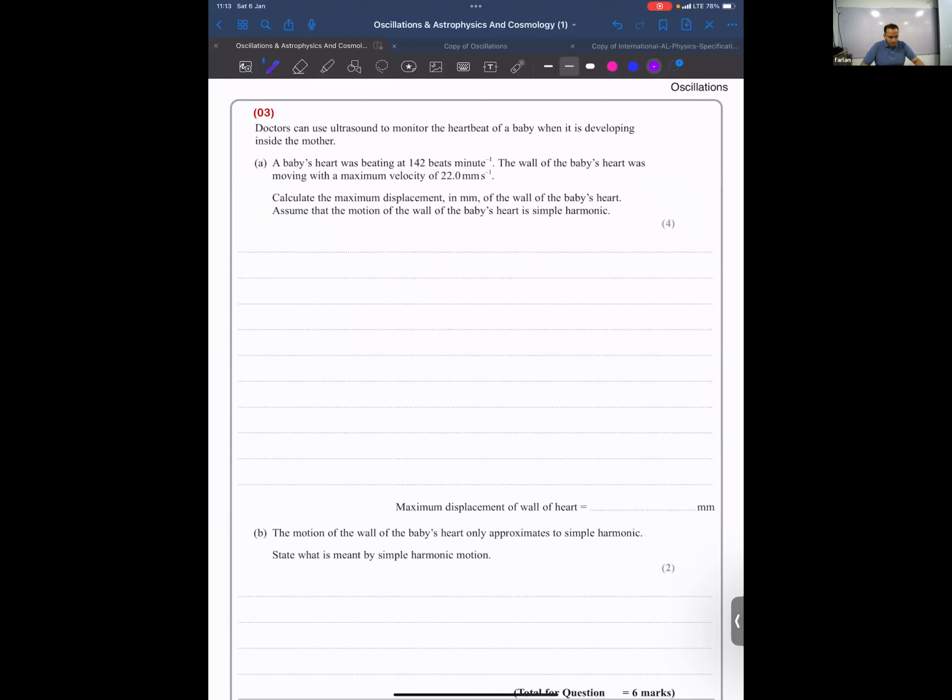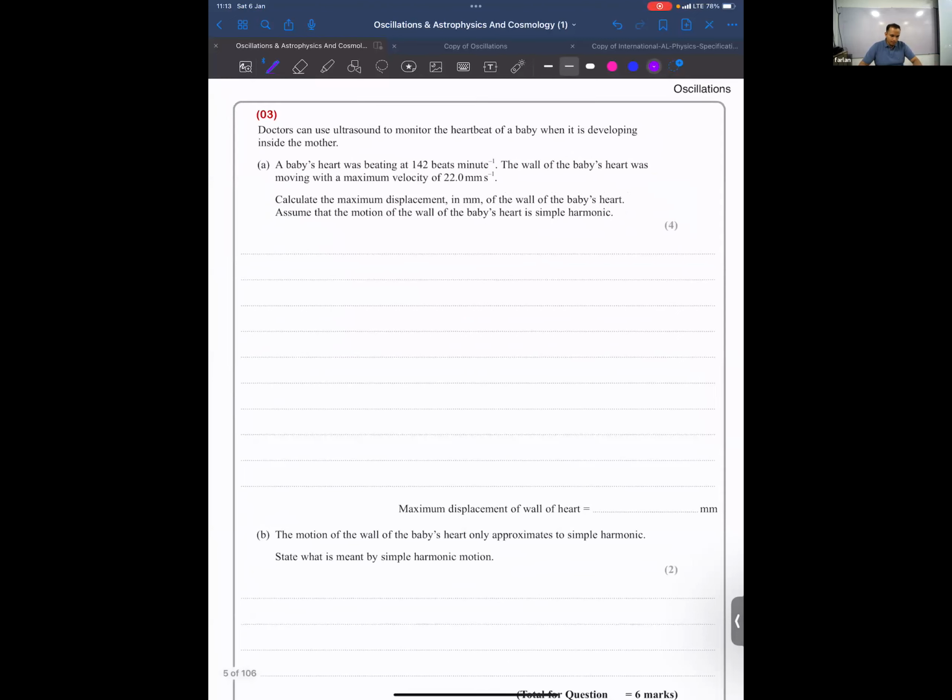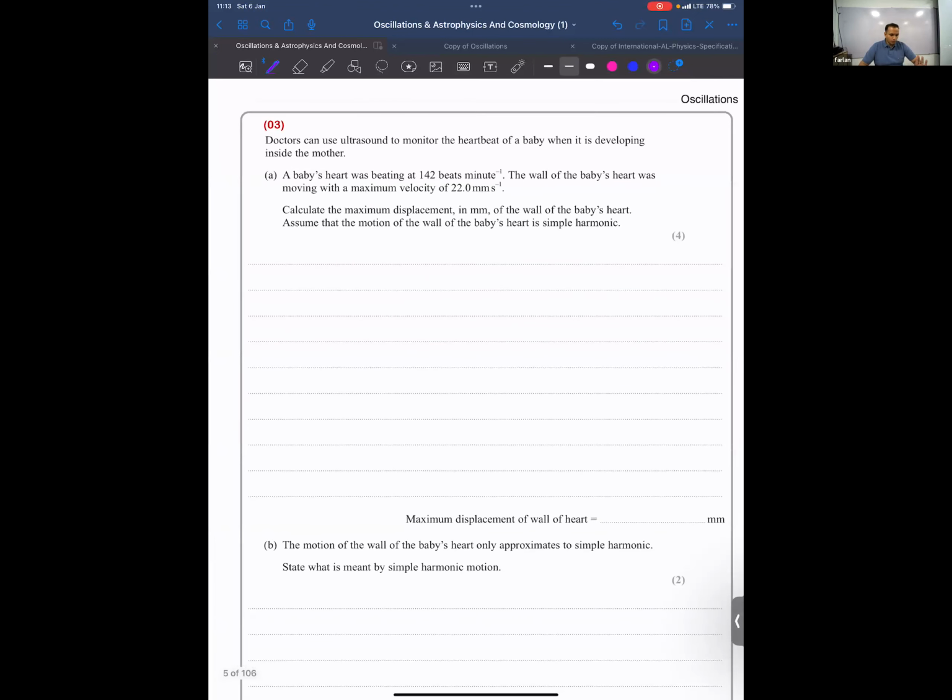A baby's heart was beating at 142 beats per minute, the frequency, 142 oscillations per minute. The wall of the baby's heart was moving with a maximum velocity of 22 millimeters per second. Calculate the maximum displacement in millimeters of the wall of the baby's heart. Assume that the motion of the wall of the baby's heart is simple harmonic. Can you give a try?